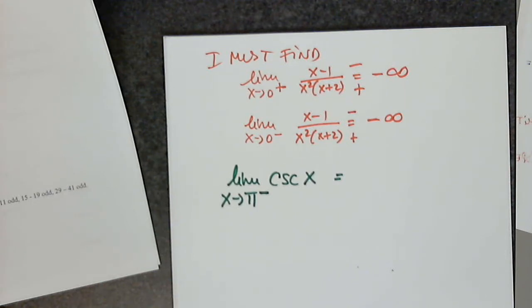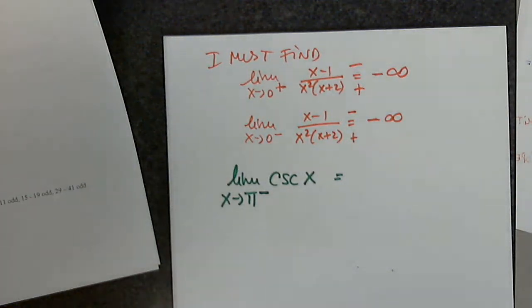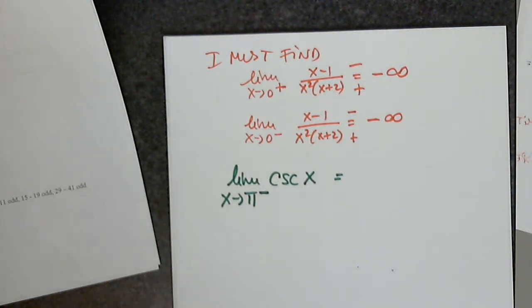So real quick, when x is approaching 0 from either side, and it's a number over 0, I have to determine both, because if they are both the same, then the limit is that. Still does not exist, but it's that infinity.